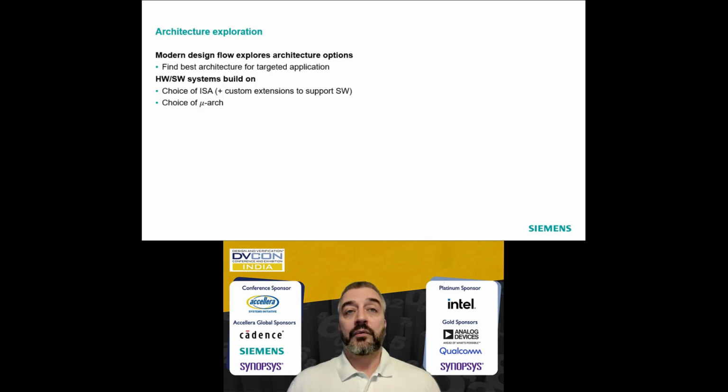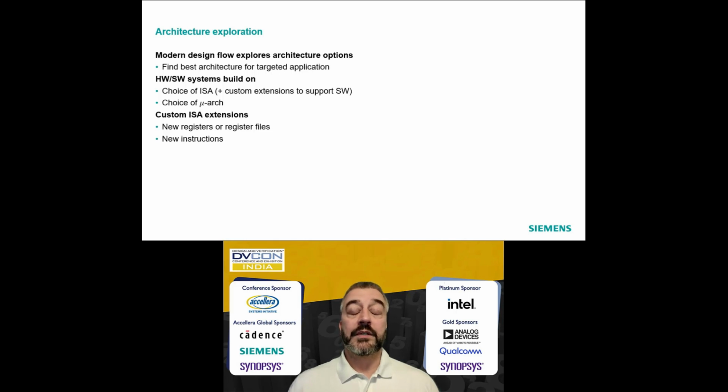And of course, on top of the standard extensions, you have the custom stuff. And below this ISA, on the hardware side, there's still the choice of microarchitecture, which also has quite some impact on the performance side of things, less on the content of the software, but more on how it actually executes.